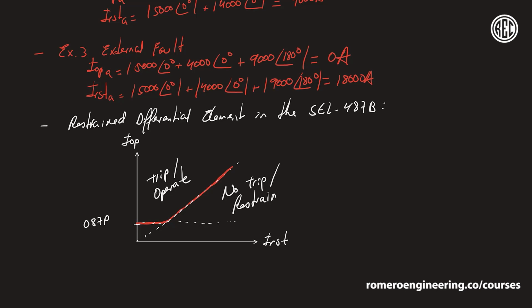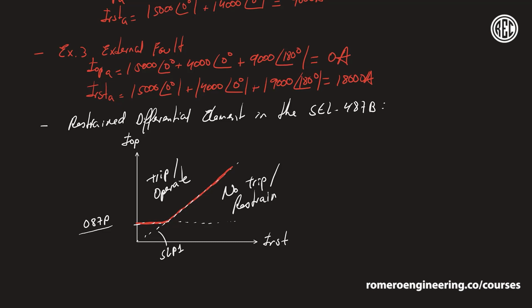And here again we defined two settings. We have this setting over here, the 087P setting, which essentially tells us there's got to be at least a minimum amount of differential current to operate this. But there's also this sloped setting over here, which in the SEL 487B really is either slope 1 or slope 2. Here we're just going to talk about one slope just to keep things a little bit simpler. But basically this defines how sloped this characteristic is.